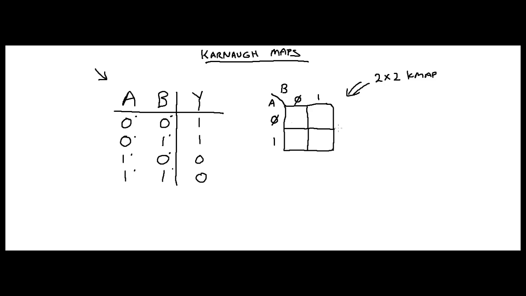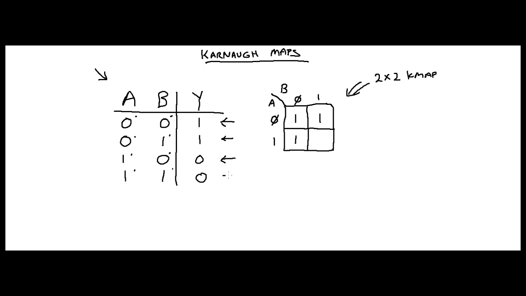Okay, so let's look at it. For A, when A is 0 and B is 0, we're looking at this right here, Y is going to be 1. There you go. When A is 0 and B is 1, we are here, Y is going to be 1. When A is 1 and B is 0, Y is going to be 0.